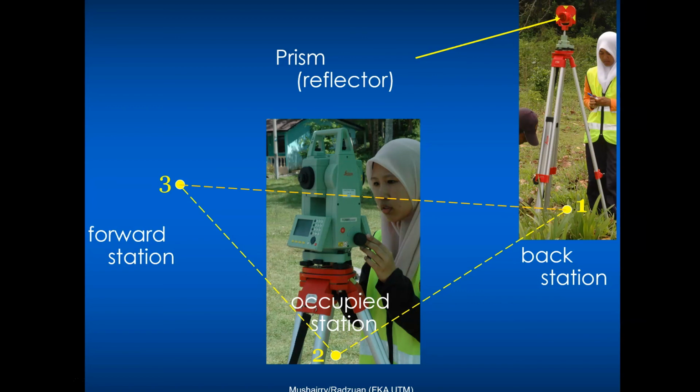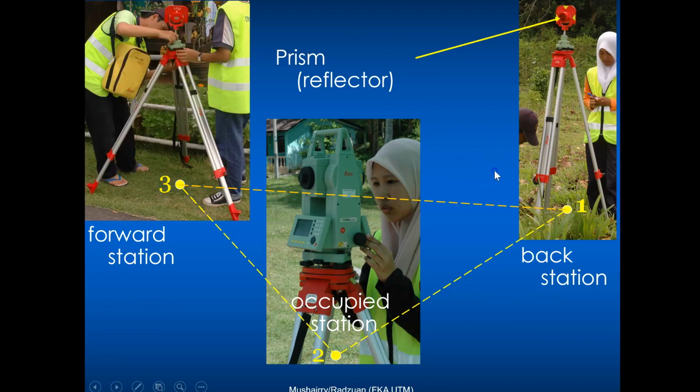You don't have to worry about getting the same height, because at the end of the day, we will be measuring the vertical angle. We can always reduce that distance to horizontal distance. And similarly on 3, another prism or reflector will be placed. So we'll be pointing at 1, turning the instrument to measure at 3, like so.